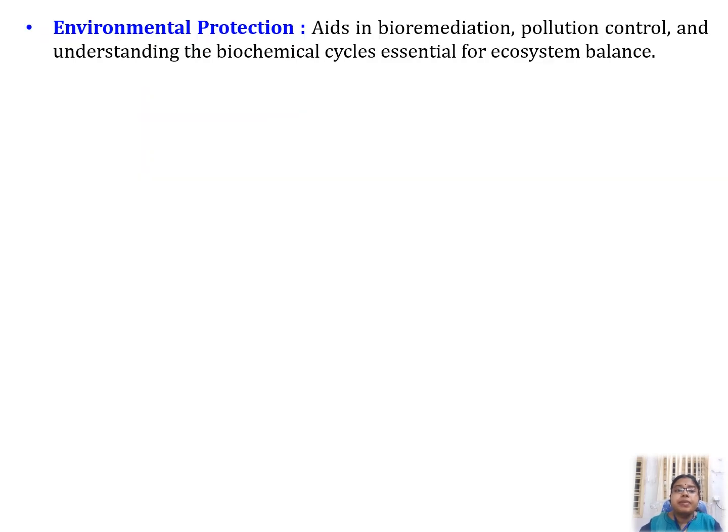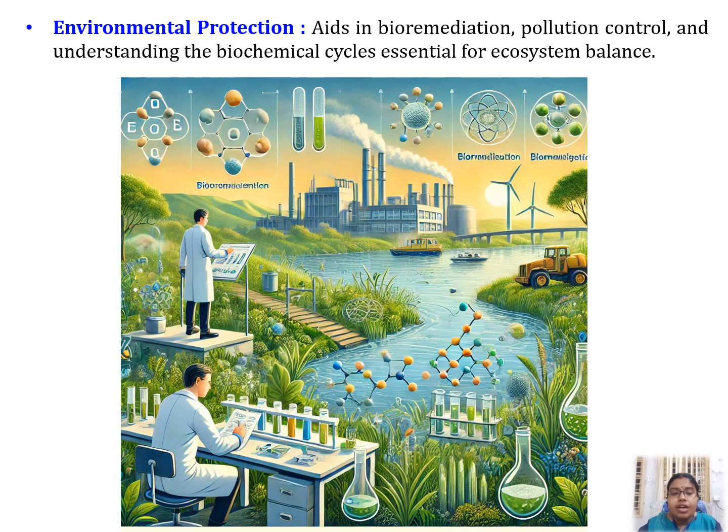Then environmental protection: bioremediation, pollution control, understanding biochemical cycles, which are essential for ecosystem balance. We already explained bioremediation; now pollution control and waste management all take place by microorganisms, by various biological molecules.